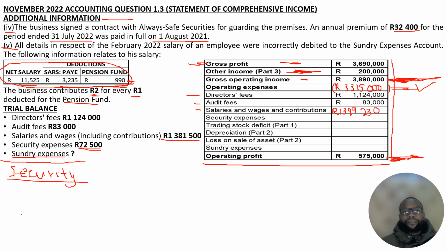We should have paid from August to February. So this amount we are going to take out, and the others preparing financial statements next year will take this amount we are taking out, and also the other amount that will be paid again from August up to July.